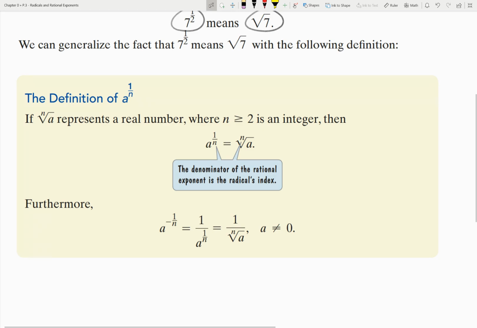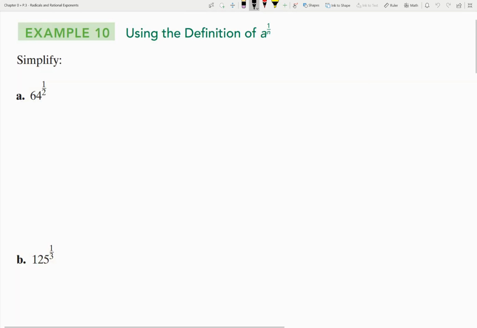Okay, and every property, not only the negative exponent property, but every property of simplifying, every property of exponents and how you simplify exponential expressions applies to fractional exponents. Okay?